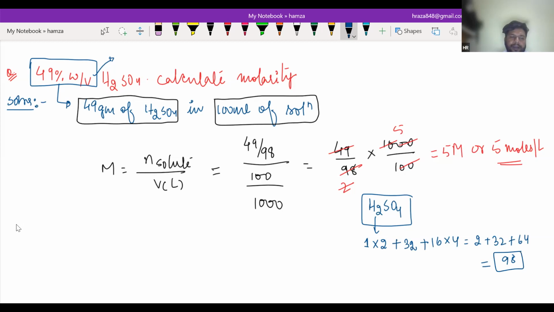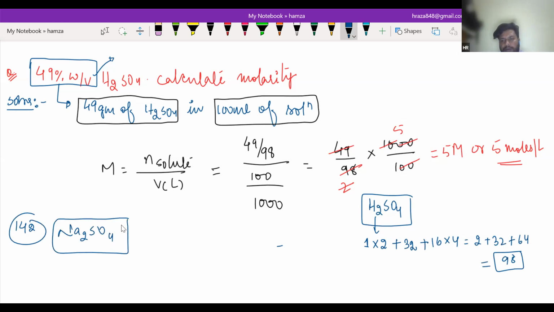Do you know how I wrote 142 as the molecular mass of Na2SO4? Yes. Can you solve it? Molecular mass: sodium has atomic mass 23 and 2 sodiums are there.